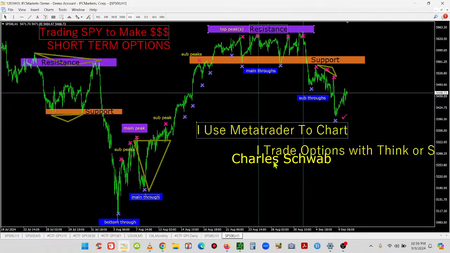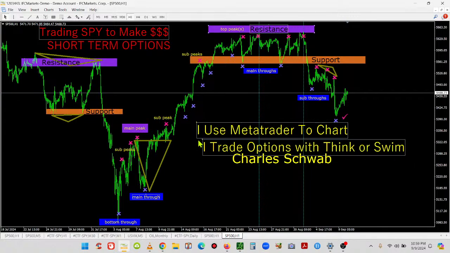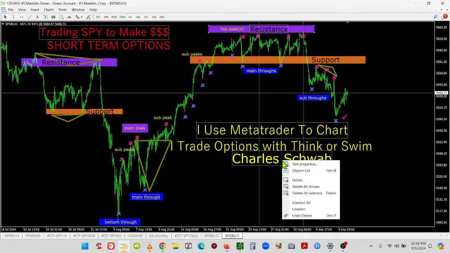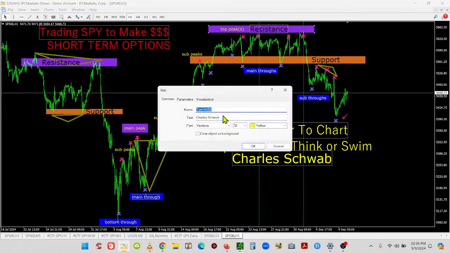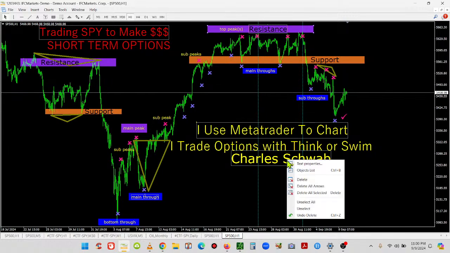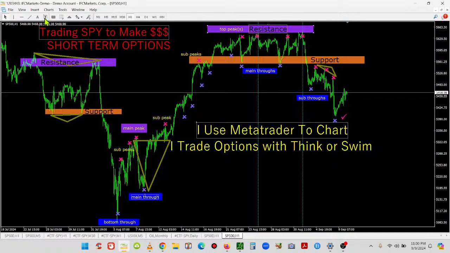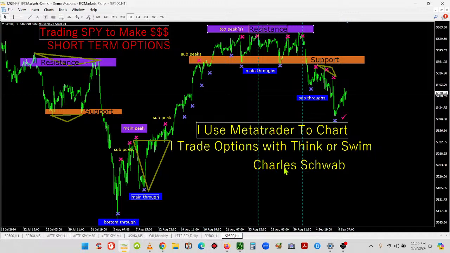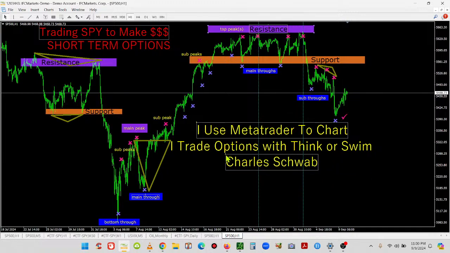But I don't want our other objects to move. The label is going to stay and keep up with the chart as the chart forms.